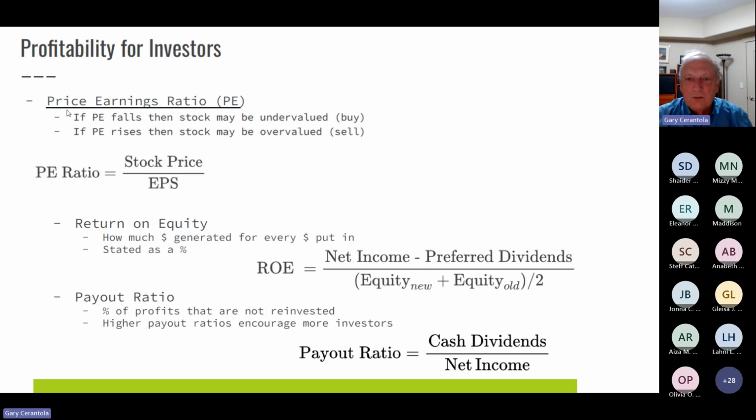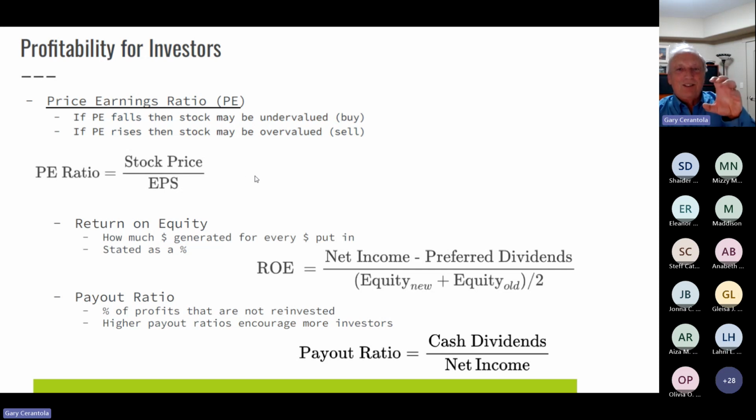And then we get into price earnings ratio, and this is where stockholders will see if your stock is undervalued or overvalued. If it's undervalued, they'll buy it because they're really buying a lot of value for less money.